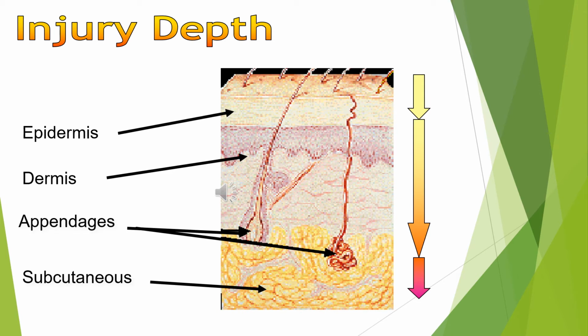The one thing that I do want to point out here is, if our appendages are altered, we know that sensation, contractility, lubrication, and heat loss will also be an issue for our patients. So the deeper the wound, that's why we have problems with feeling and contractility and skin lubrication. That's why it becomes dry and hard. And also we have trouble maintaining body heat.